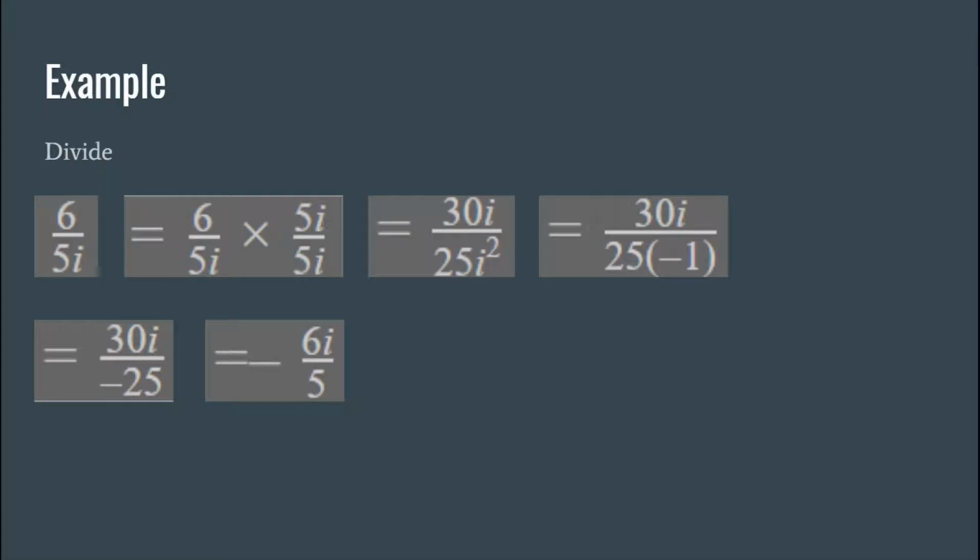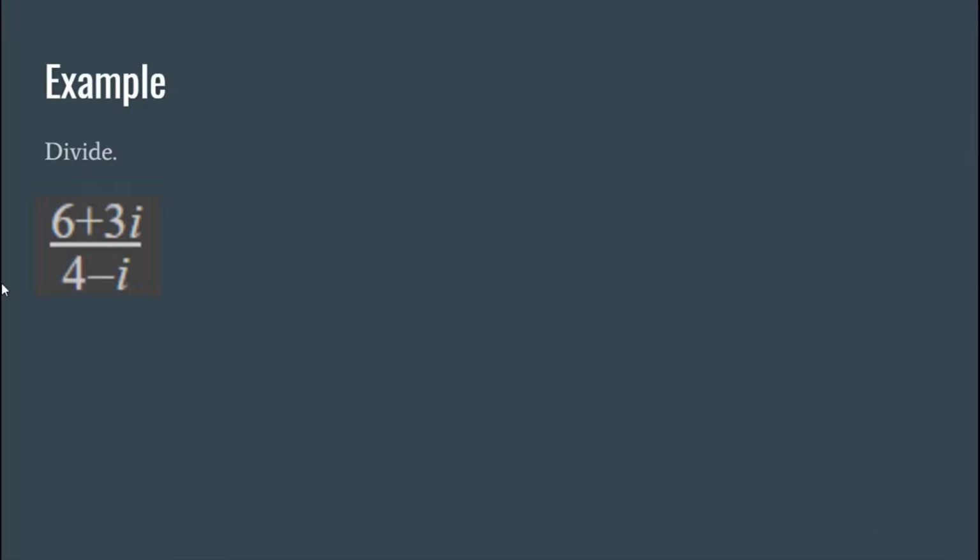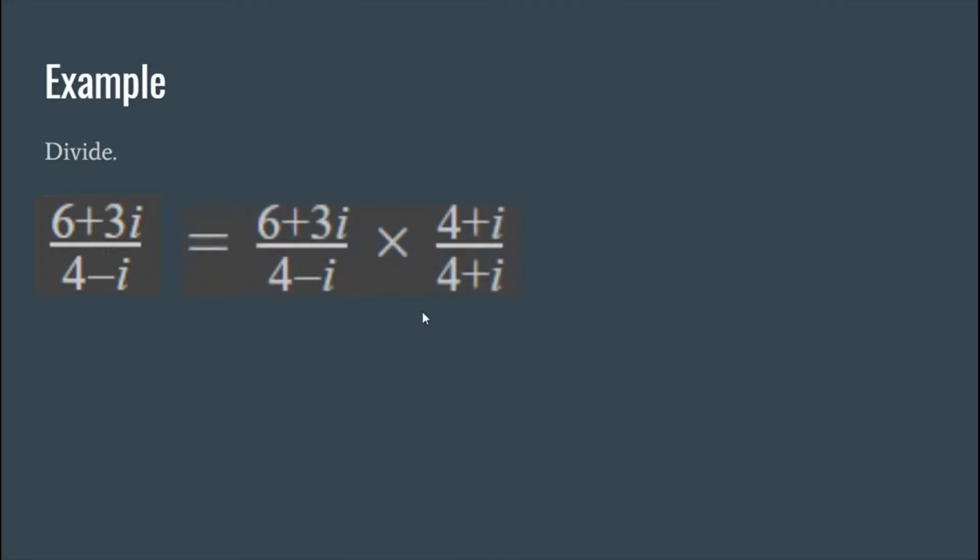Okay, so let's try another example here. In this case, we have a binomial, or the form a plus bi, in the denominator. So we're going to multiply both the top and the bottom by the conjugate of what's in the bottom. Remember, the conjugate is just the opposite sign of whatever's in between the two terms.